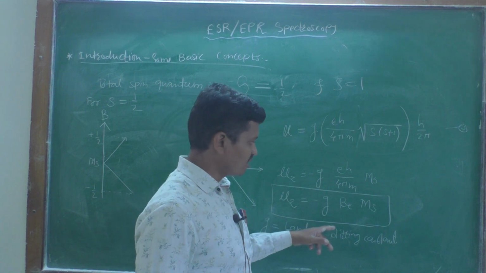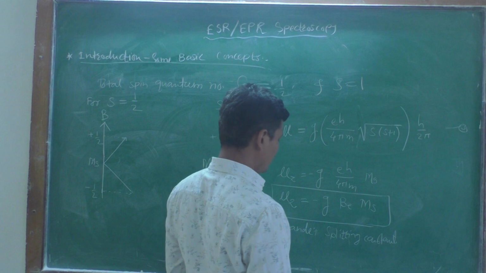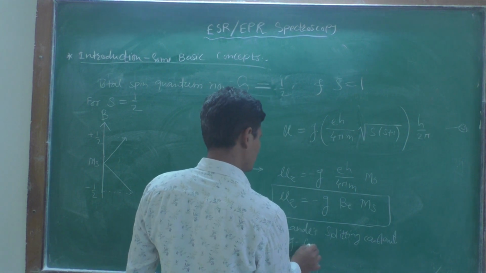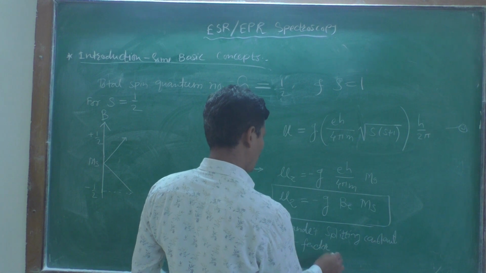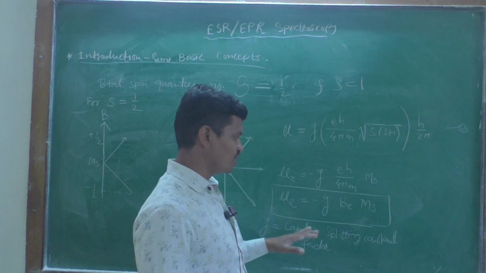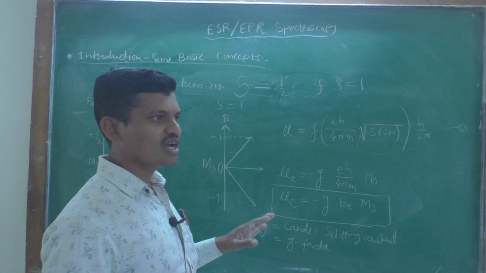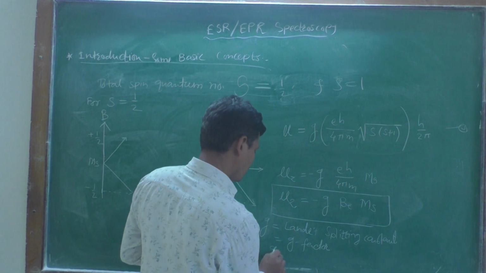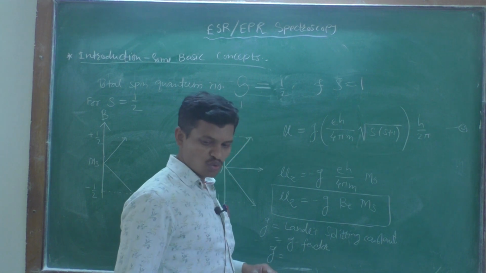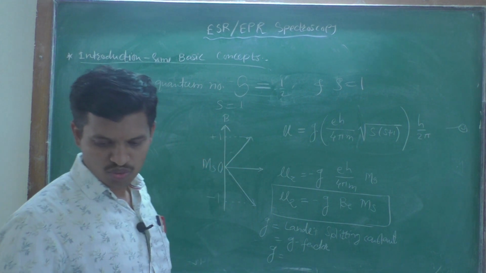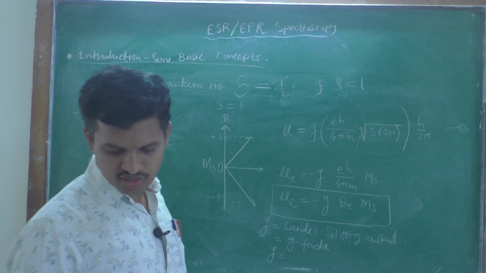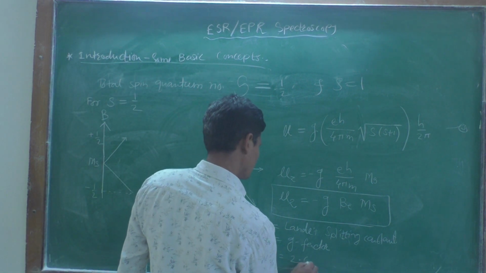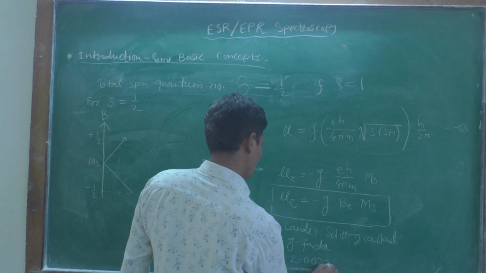Okay, and here this g value is also called as g factor, simply g factor. G factor or Landé splitting factor is the same for a single unpaired electron. For a single unpaired electron, the value of g is equal to 2.00232.